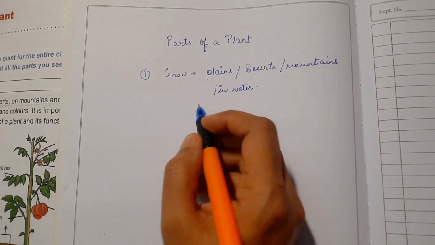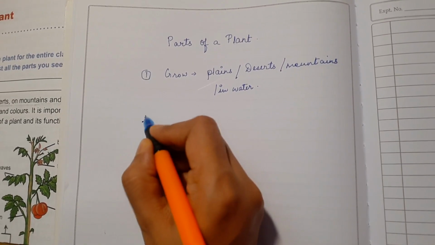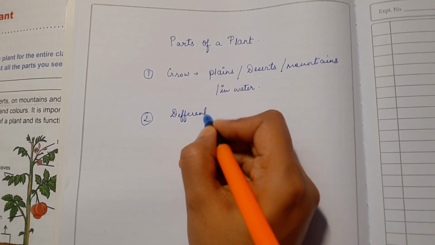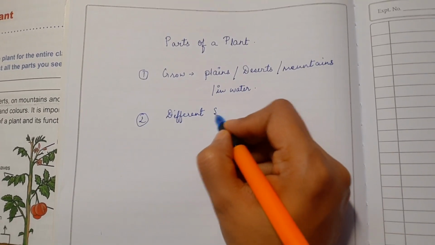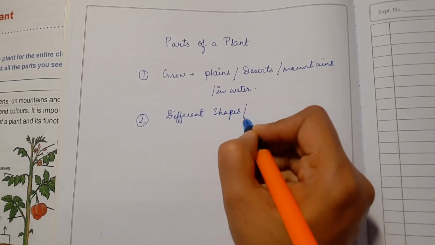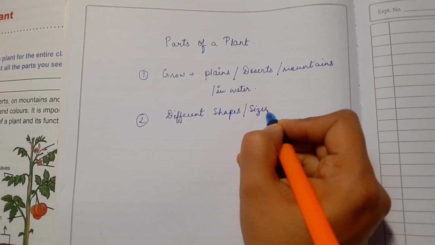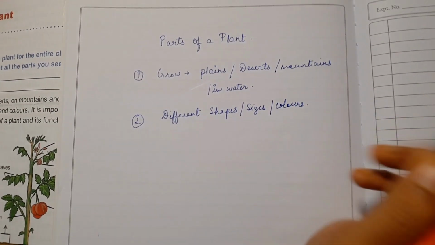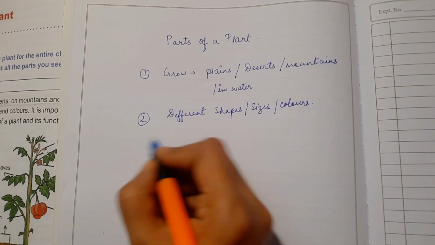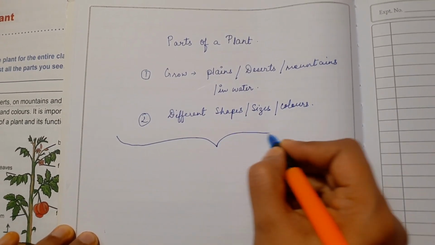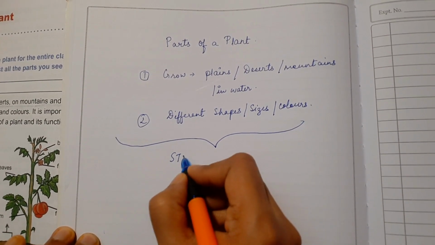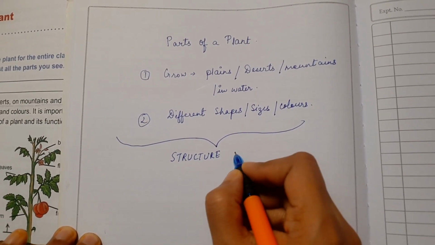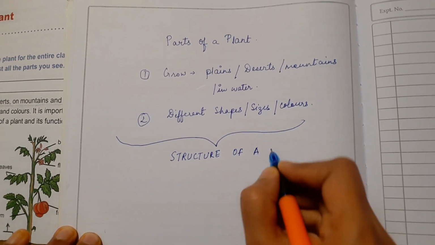Okay, next point is there are different shapes, sizes and colors of plants. Okay, so what are we going to study? We are going to study the structure of a plant.